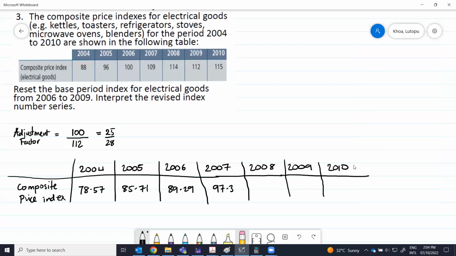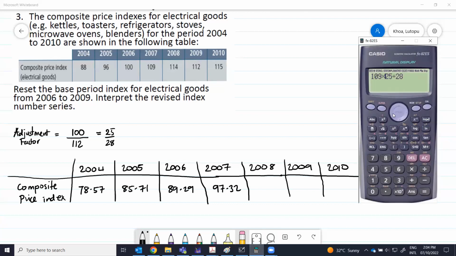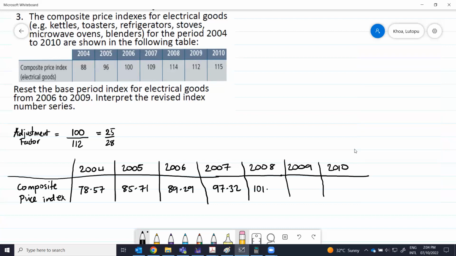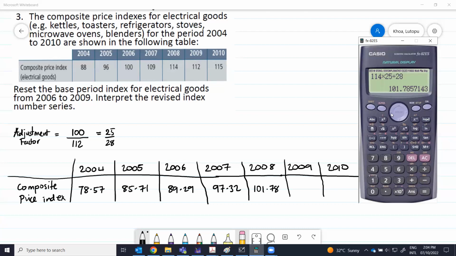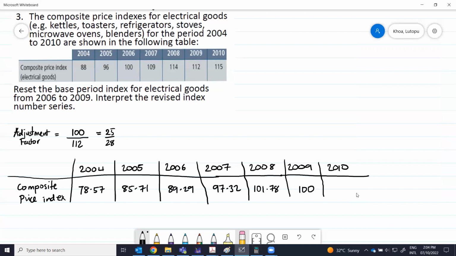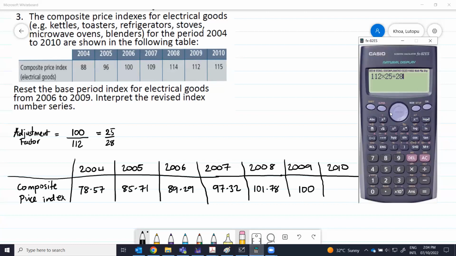Then 97.32. Then 101.78. Then 100, as expected because it is the base year. Then 102.68.